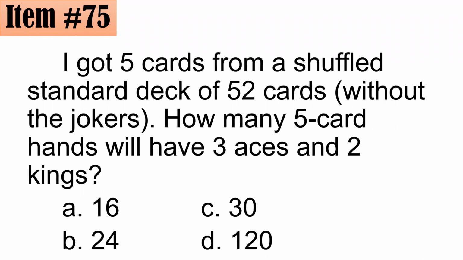Take note po ha, kapag sinabi po nating 5-card hands, parang bibigyan po kayo ng 5 baraha. Ang 5 baraha na yon, dapat in this problem, 3 yung alas, yun po yung ace, at saka 2 king. Ang tanong, how many ways can that be done? Can this be done?